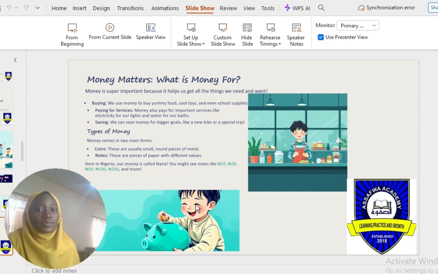It helps us to get all the things that we need and we want. We use it to buy things, we use it for payment of services and savings. We have coins and we have notes. Here in Nigeria we use different kinds of money. We have 10 naira, 20, 50 naira, 100 naira, 200 naira. We have so many and we listed them.